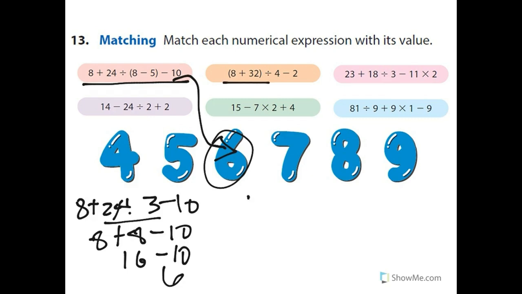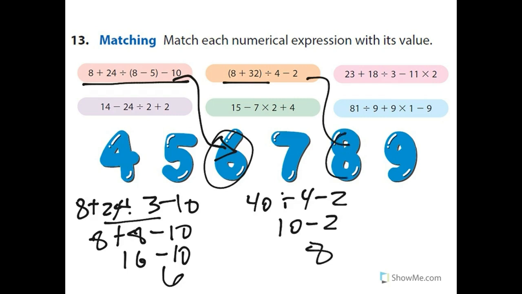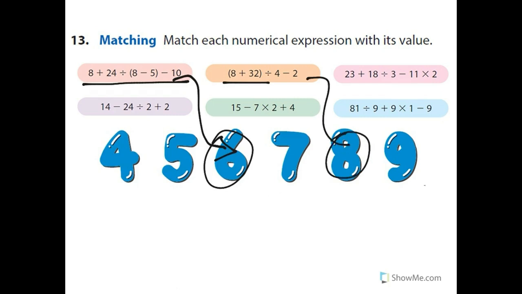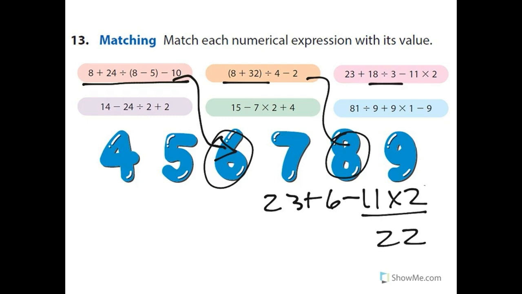Alright, 8 plus 32 is 40, divided by 4, minus 2. 40 divided by 4 is 10. 10 minus 2 is 8. Goes right here. Alright, and this next one, 18 divided by 3 is first, so 23 plus 6 minus 11 times 2. 11 times 2 is 22.